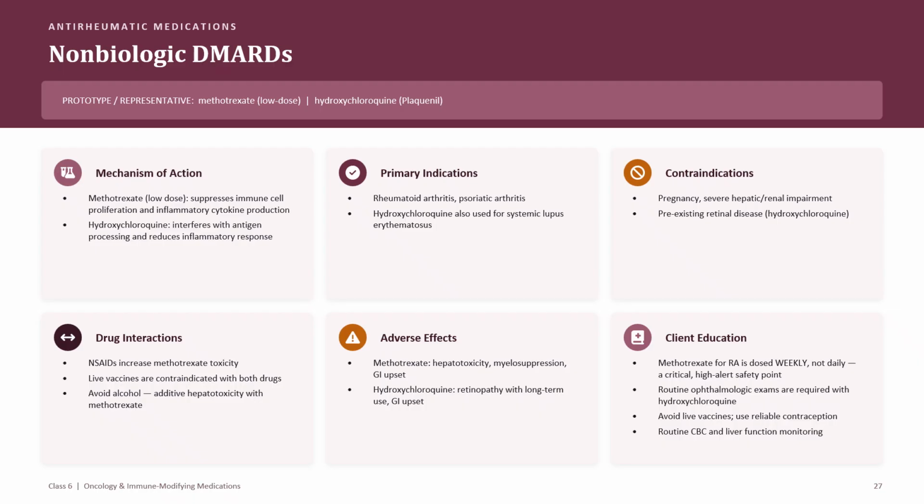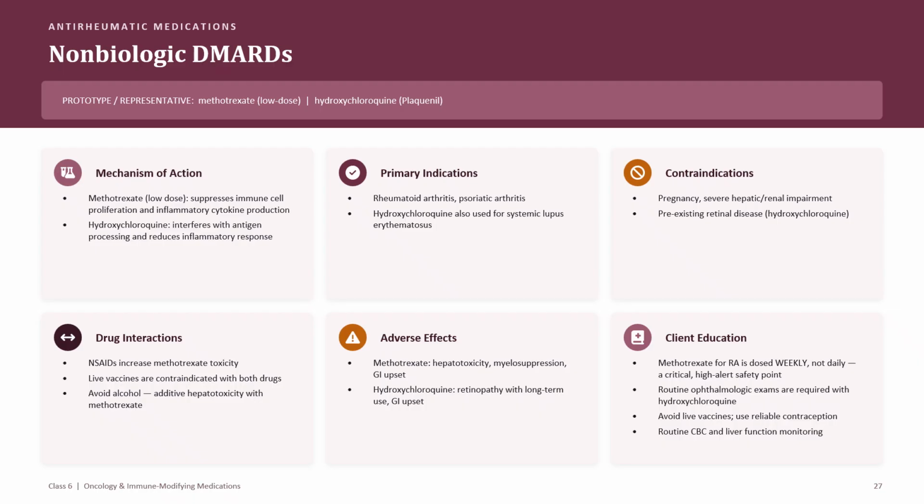So it isn't trying to wipe out DNA synthesis in a tumor. When it's used as a non-biologic DMARD, it's calming down an overactive immune response and dialing back inflammatory cytokines. So it has a totally different goal clinically. It's given in a dramatically lower dose, although it is the same molecule.